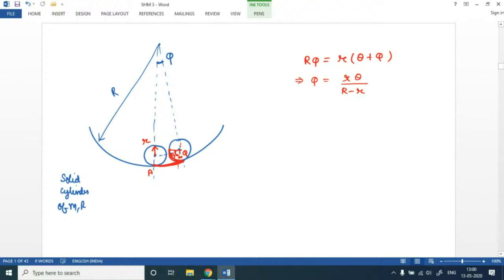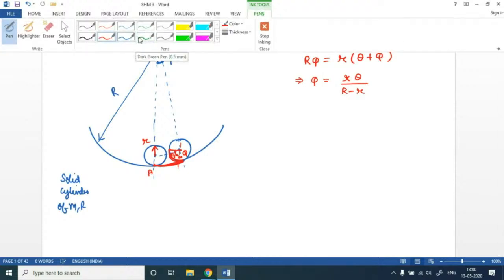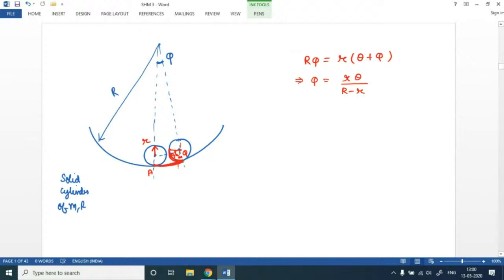Okay, and now you should realize also that when it is at this position, we wish to write the equation of torque about, let's say, this point P, because this point would be the instantaneous axis of rotation. Okay, and the force that will be producing torque would be the component of weight, that is mg. And you should realize its tangential component over here would be nothing but mg sine phi.